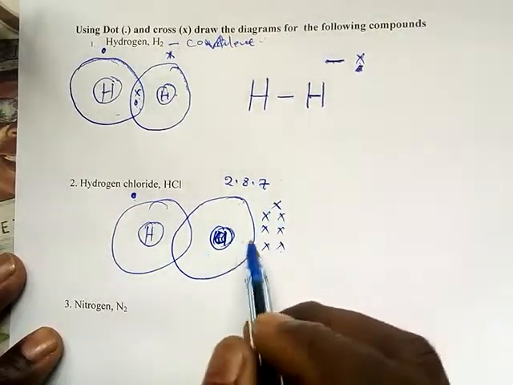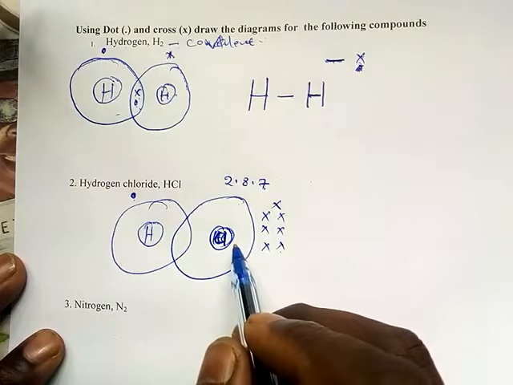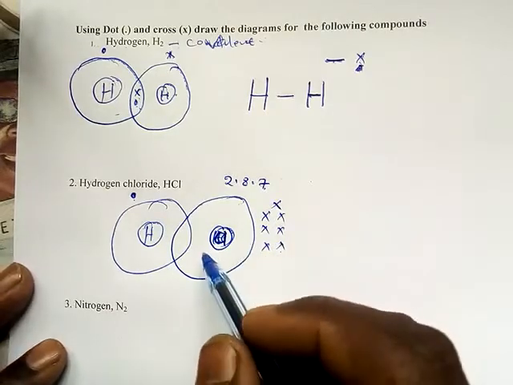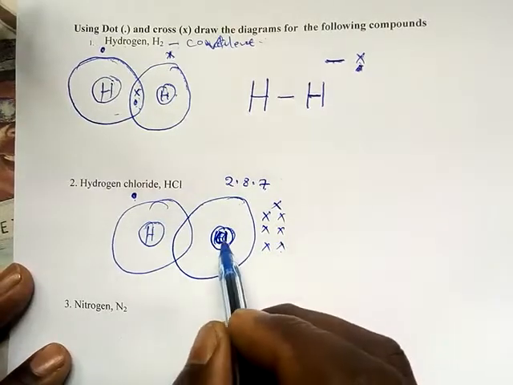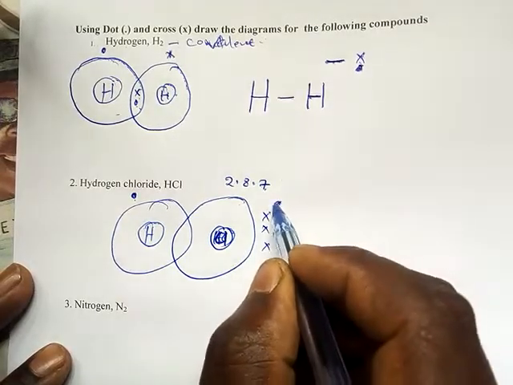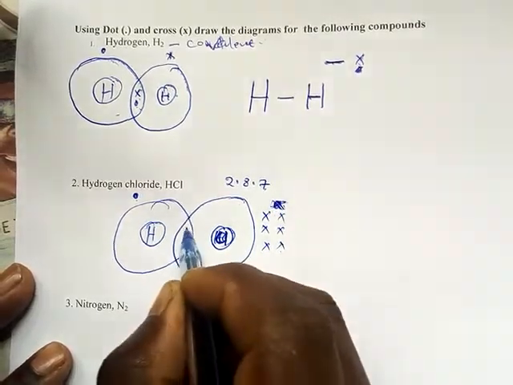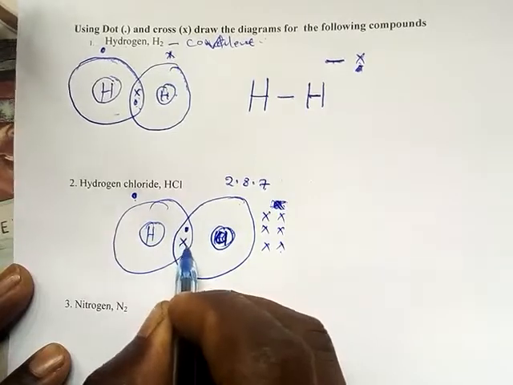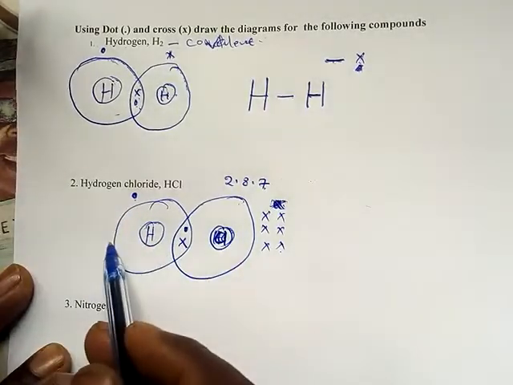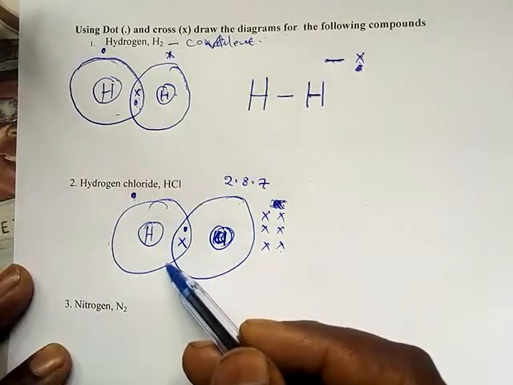There is no atom which is willing to give electrons, so they share electrons. Chlorine provides 1 electron here and hydrogen brings another electron here. So hydrogen now is stable, it cannot share anymore.